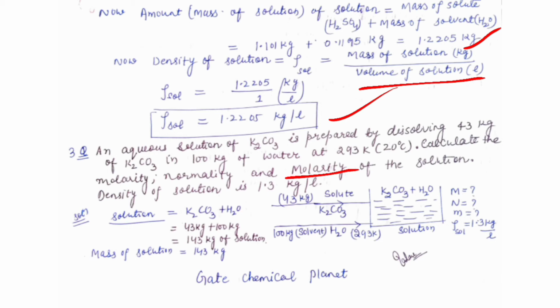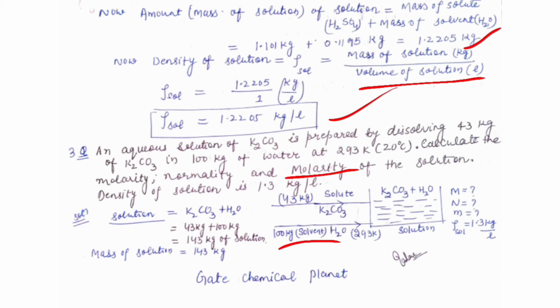So here what are the data given? In the data given, solute is K2CO3 and solvent is water, and 43 kilograms of solute is given. So the mass of solute is already given and 100 kilograms of water is given.